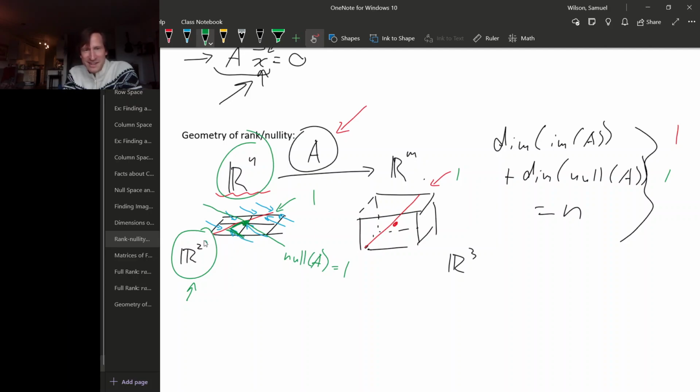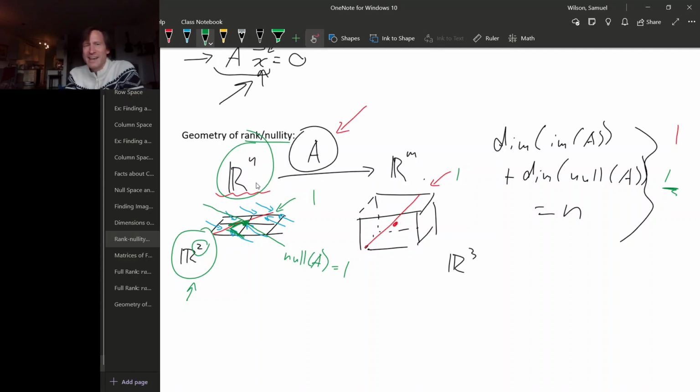So everything, that's R2, has to be part of this one-dimensional stuff that gets squashed to 0 plus part of this one-dimensional stuff that just gets copied over into R3. So that's sort of the geometric version of the rank nullity theorem.